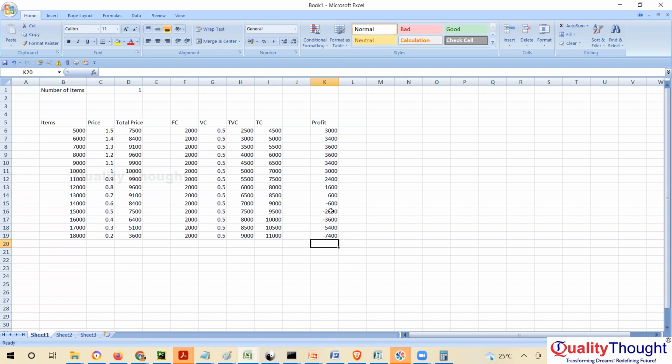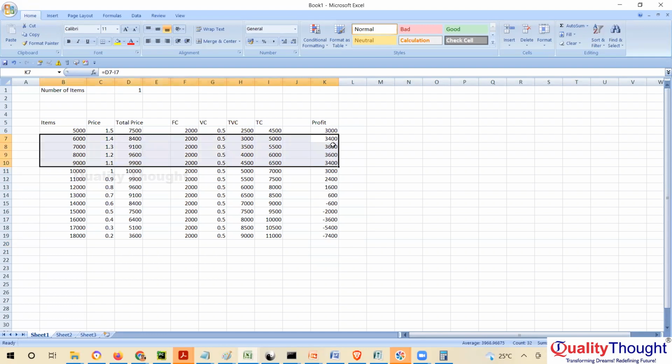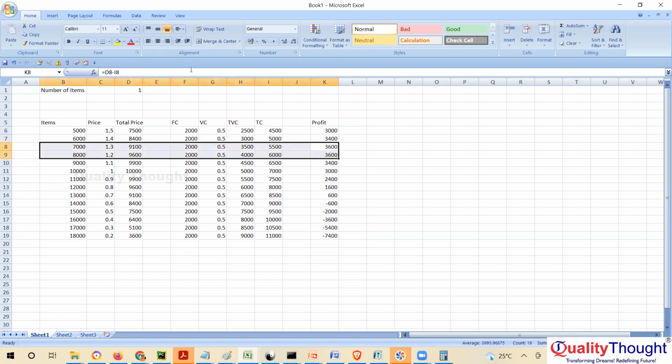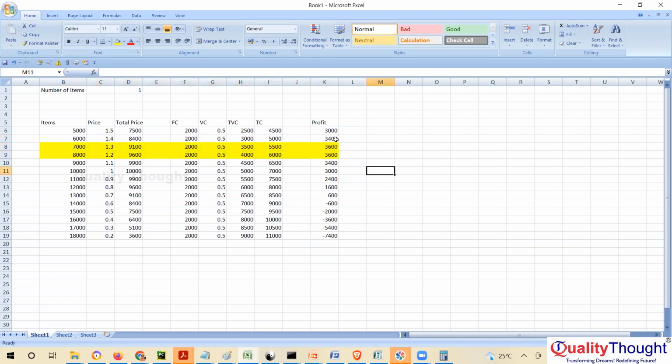Okay, so now you see at what point are you making maximum profit? You are making maximum profit in this range. So this is 3,636. That means you can decide to make any quantity between 7,000 and 8,000 to get maximum profit, which is $3,600. If you make less than that, you'll get less profit, but you're still in profit.